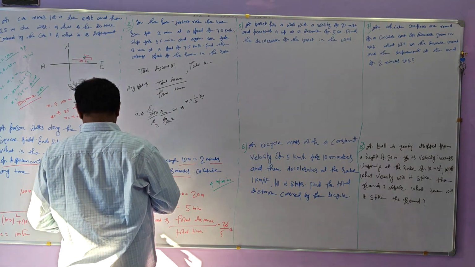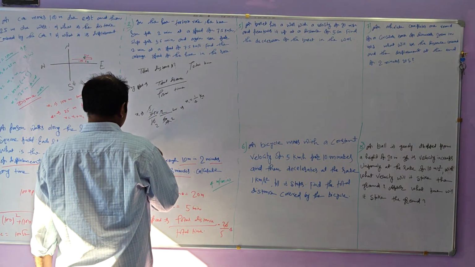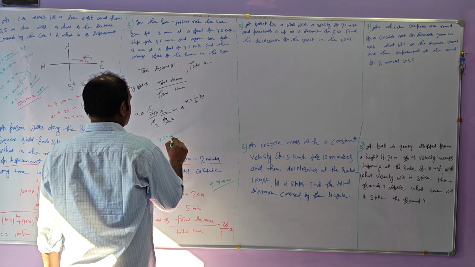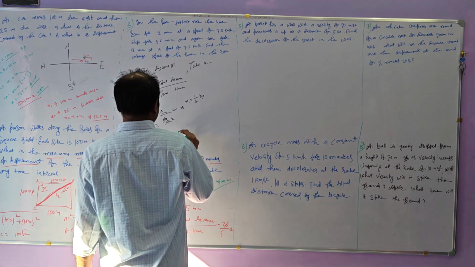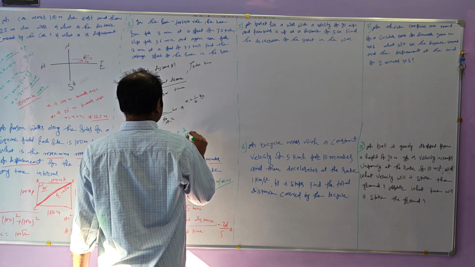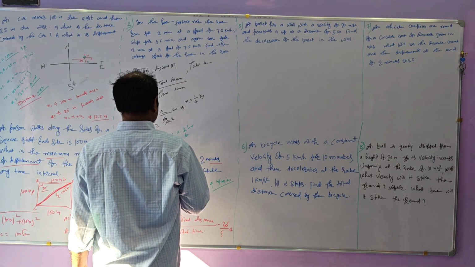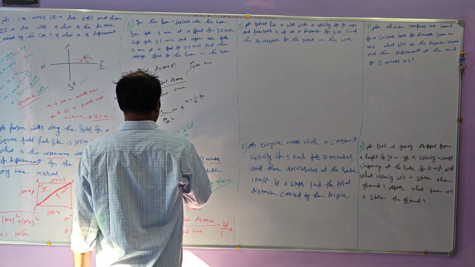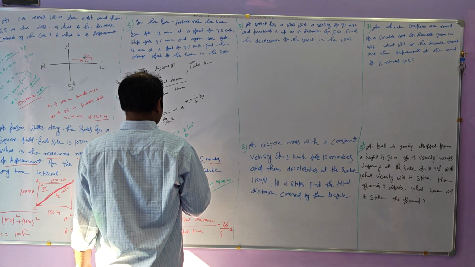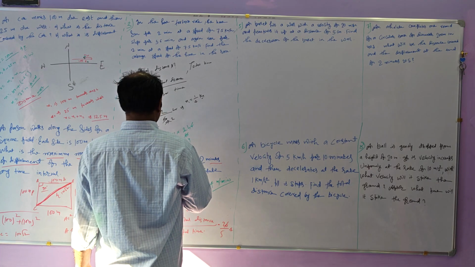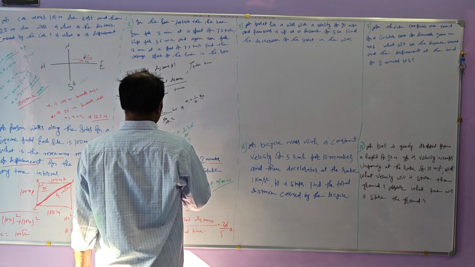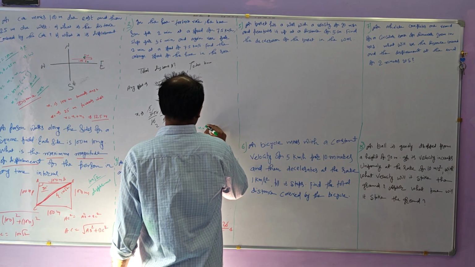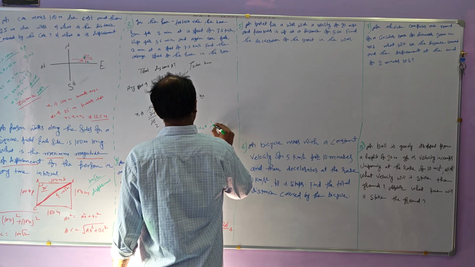S2 becomes 7.5 kilometer per hour into 2 upon 60 hour, hour cancels, and S2 also becomes 1 by 4.